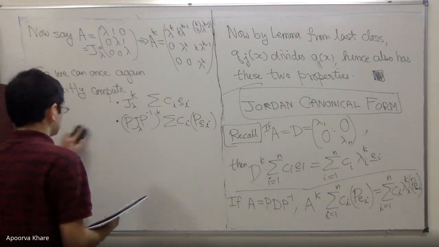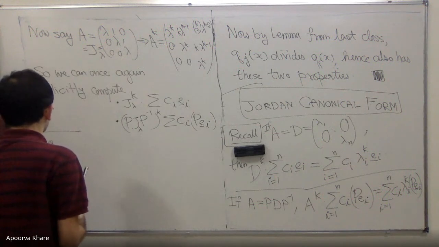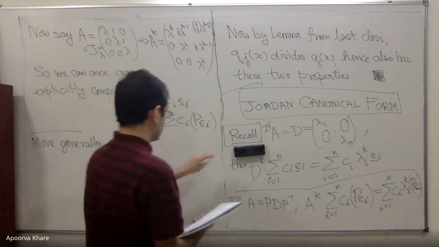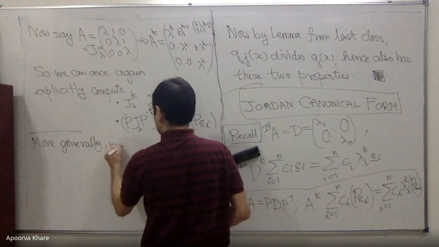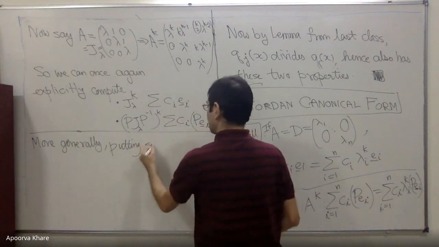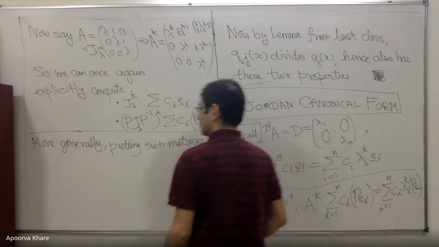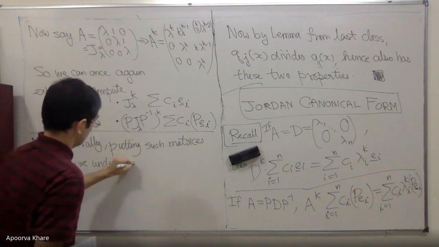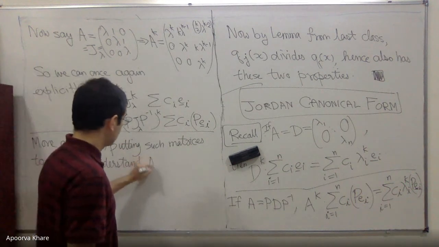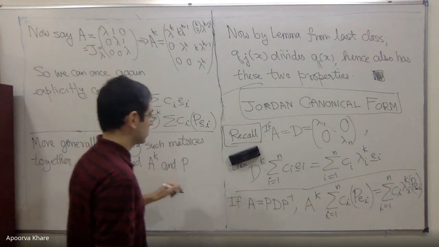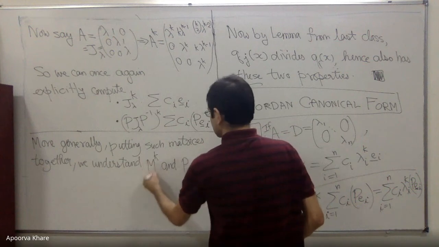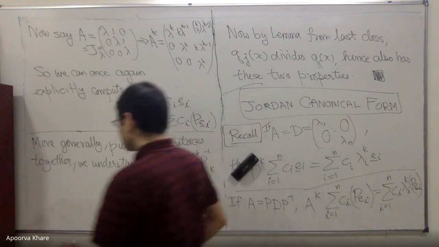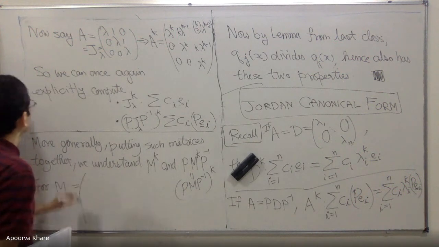So more generally, let's say putting such matrices together, we understand A to the k, or let's say M to the k matrices, and P M to the k P inverse, which is the same as saying P M P inverse to the k, for M of the form. Actually, I should give this a different name.